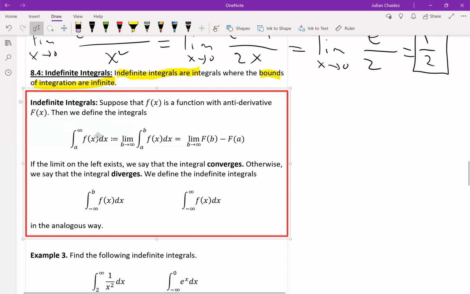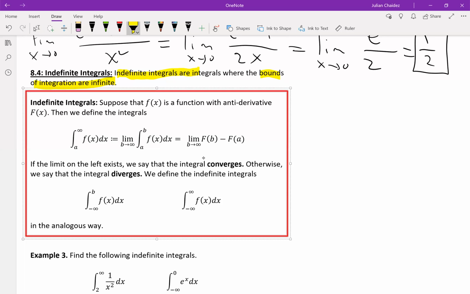Then we can define the integral from a to infinity of f of x dx to be the limit as b goes to infinity of the integral from a to b of f of x dx. Or equivalently, if I evaluate this definite integral in the middle, I can write it as the limit as b goes to infinity of big F of b minus big F of a, where big F is some antiderivative of little f.